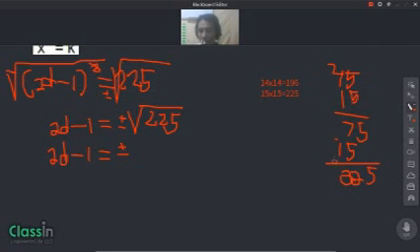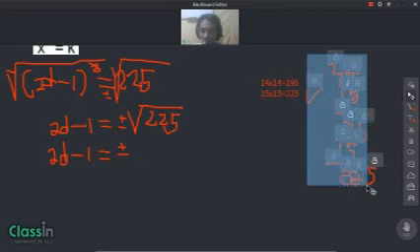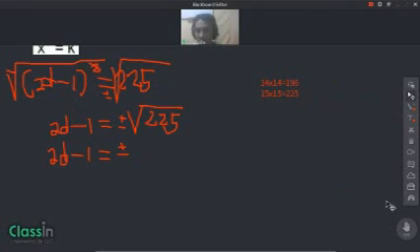So 225. Therefore, the square root of 225 is 15. So this is now positive or negative 15.